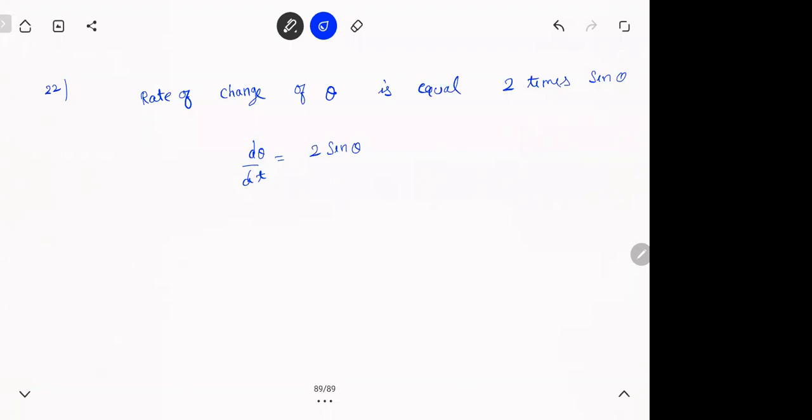It's not that clear. What the hell is this? Rate of change of theta is as fast as its sine.